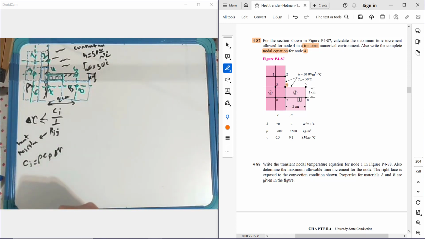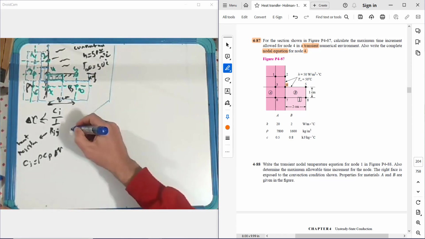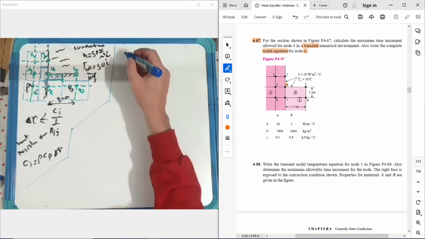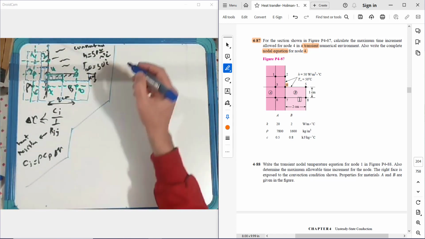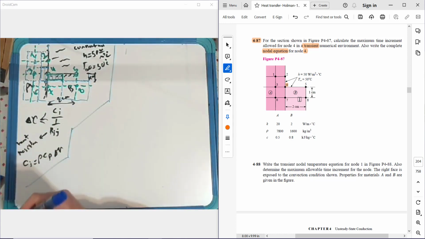We just have 2 dimensions in here, 1 and 2 centimeters. Then let's get started. We want to write all of the formulas for point 4.